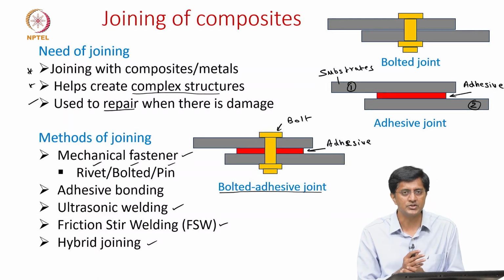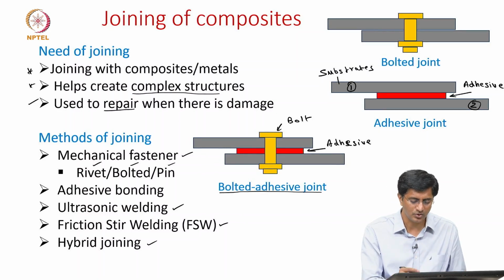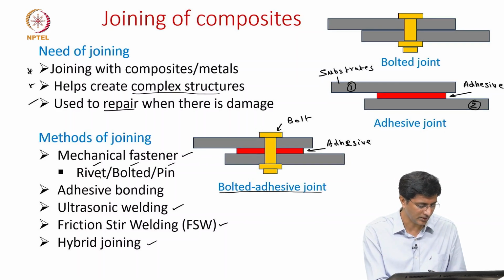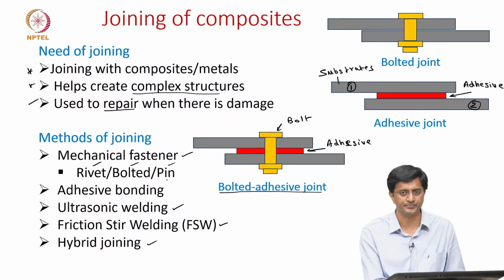Because in some instances, though we know the adhesive bonds are really good for composite structures, sometimes it is better to go with a strategy which is more reliable to be fail safe. So in those instances, we go with hybrid joining where, for example, here we are showing bolt and adhesive, but it could also be any of these, like rivet plus adhesive or pin plus adhesive joints.